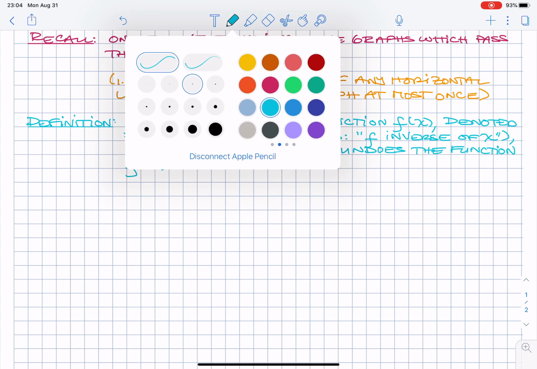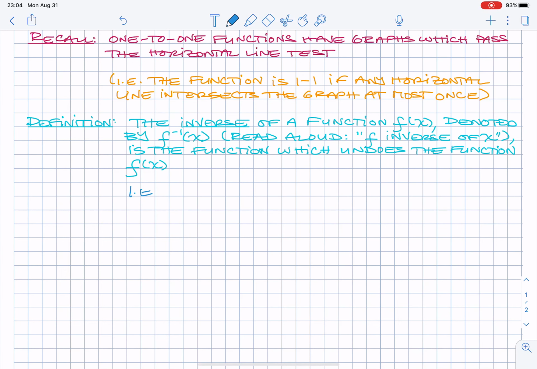That is, i.e., if I have f of x and I apply f inverse to f of x, meaning I take the composition, f inverse will undo what f has done, and you'll just get back x.